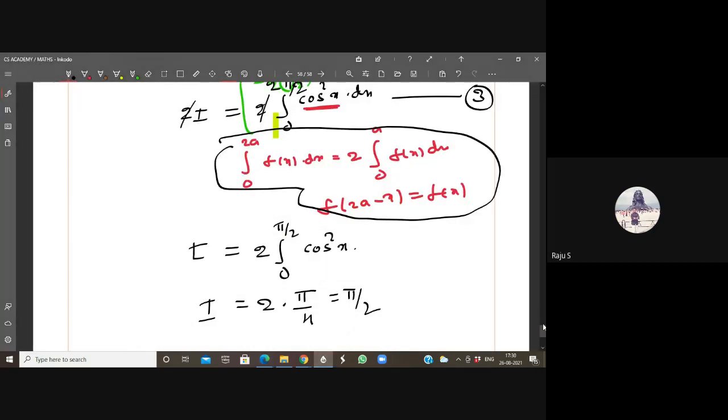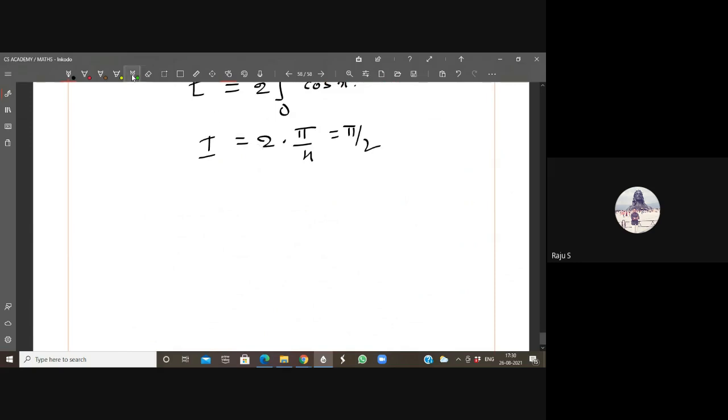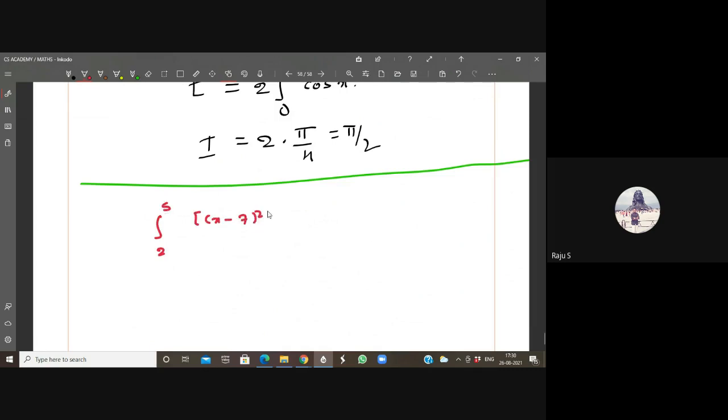See, I'll explain here. Here 2 to 5. Fine. Greatest integer x minus 7 the whole square by (x minus 7) the whole square plus x square dx. Okay, let us take this I is equal to.